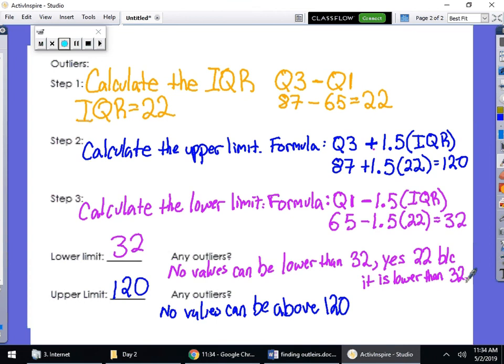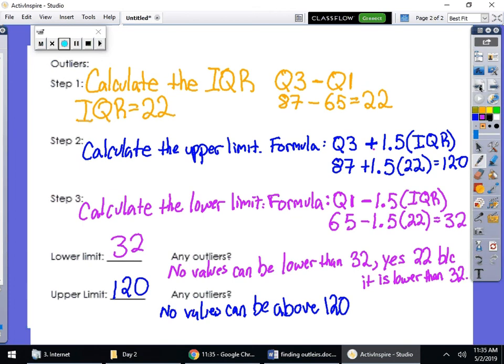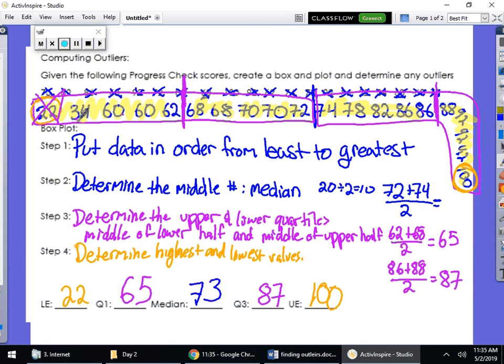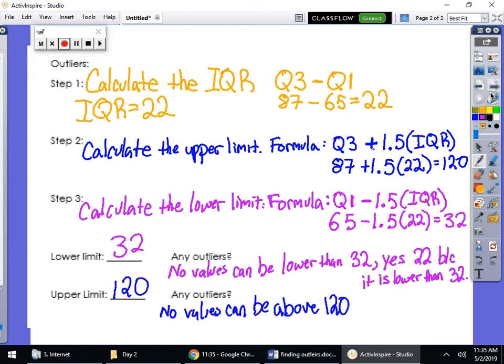An outlier cannot be lower than the lower limit or higher than the upper limit. And then we have 34. 34 is not less than 32, so that is not an outlier. So that's how we calculate our outliers.